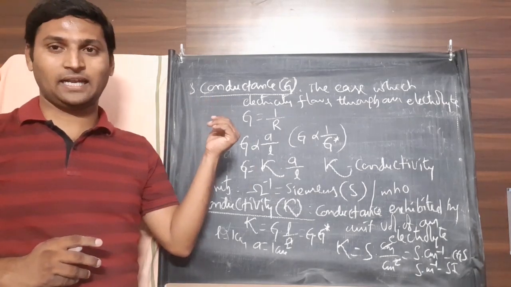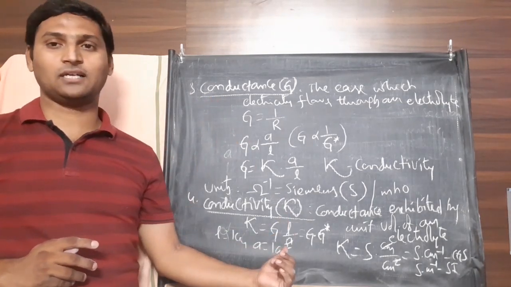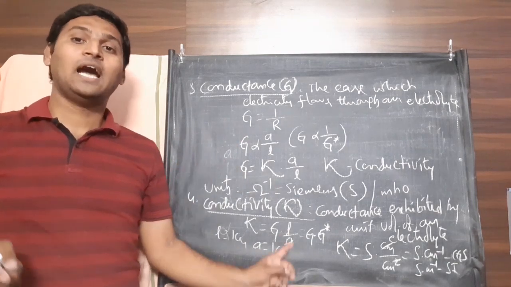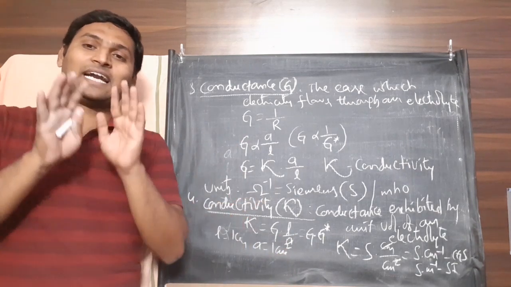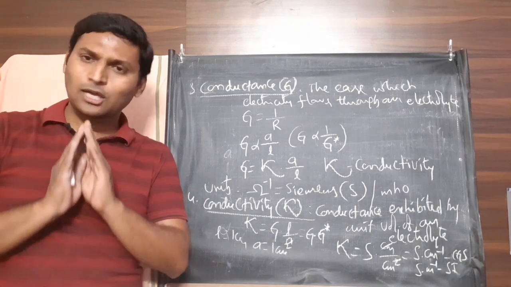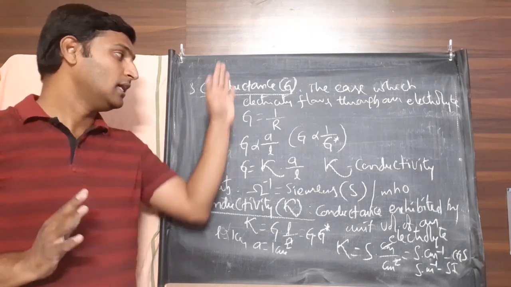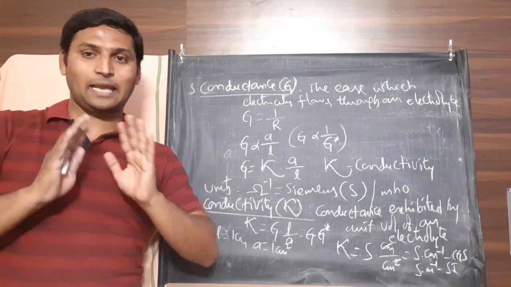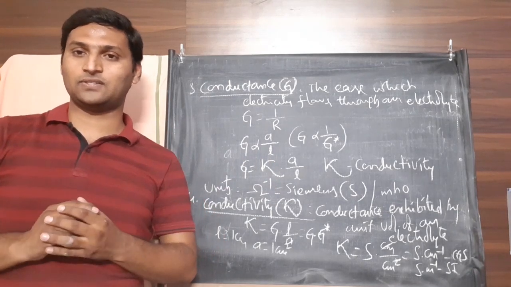Whereas in case of electrolytic conductors, it is the length of the gap between the electrodes and the area of cross section of electrodes in a conductivity cell. That is the only difference. Otherwise, all these four properties are same for both electrolytic and electronic conductors.